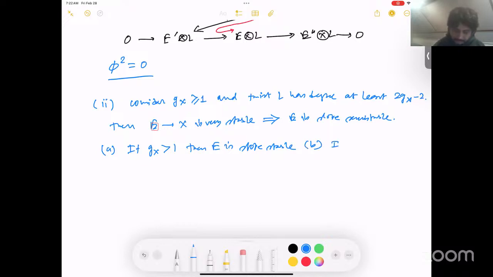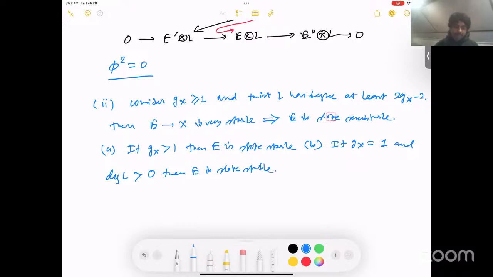And if the genus is 1, not 0, and the degree of L is greater than 0, then E is slope stable.